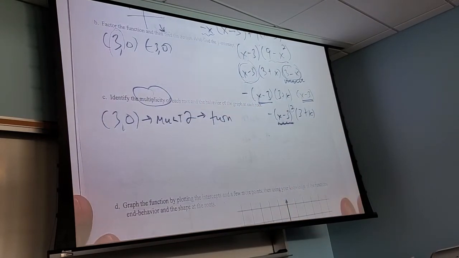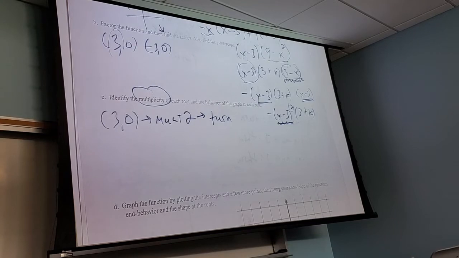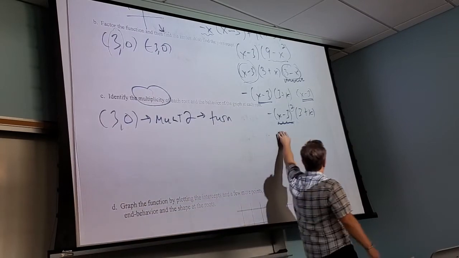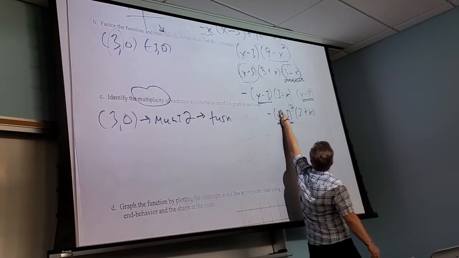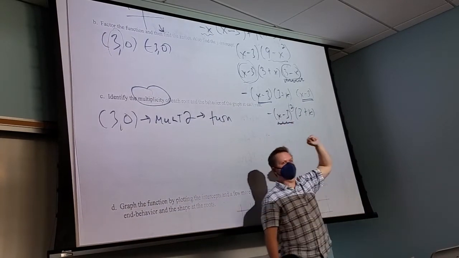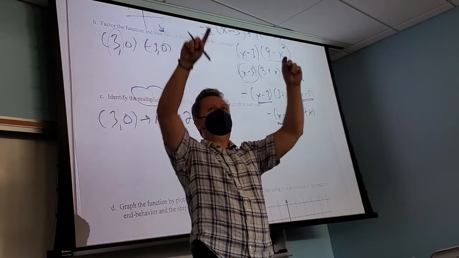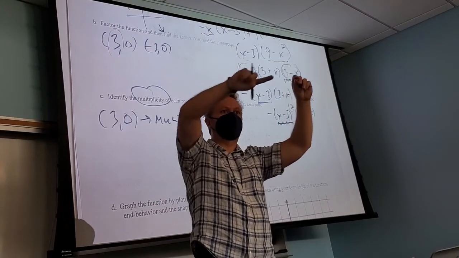How do you know if it turns or if it's... Okay. This piece by itself, if I took that away, what shape would this be by itself if I graphed it? Parabola. So at 3, it looks like a parabola. It's going to turn at 3.